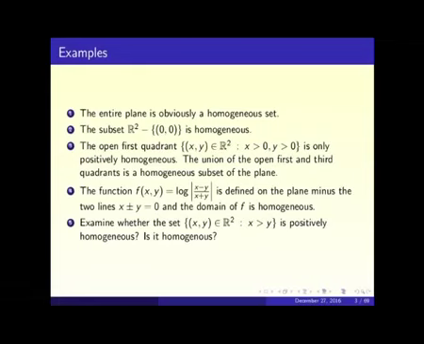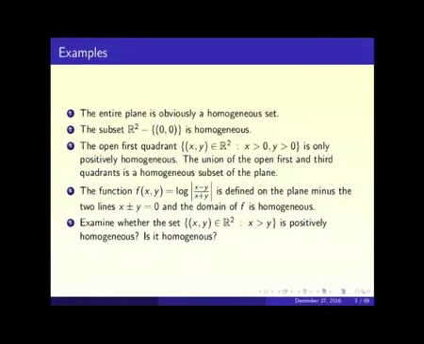So, take the plane, remove these two lines, and you get 4 pieces. The union of these 4 pieces is a homogeneous domain. If you take a point (x, y) and multiply it by t not equal to 0, again the point (tx, ty) will be in one of these 4 pieces.